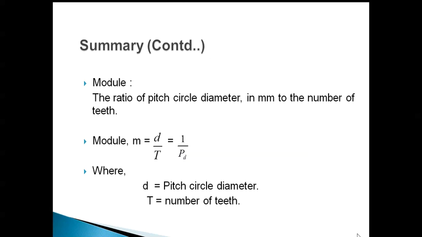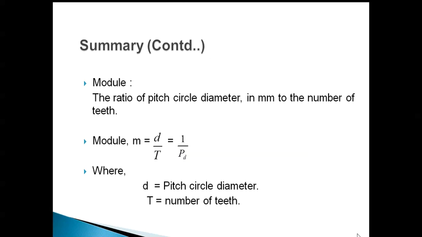Next we discussed the design of the spur gear wheel. In the spur gear wheel, we need to design the thickness of the rim, number of arms, profile of the arm, length of the hub, and the inner diameter and outer diameter of the hub.